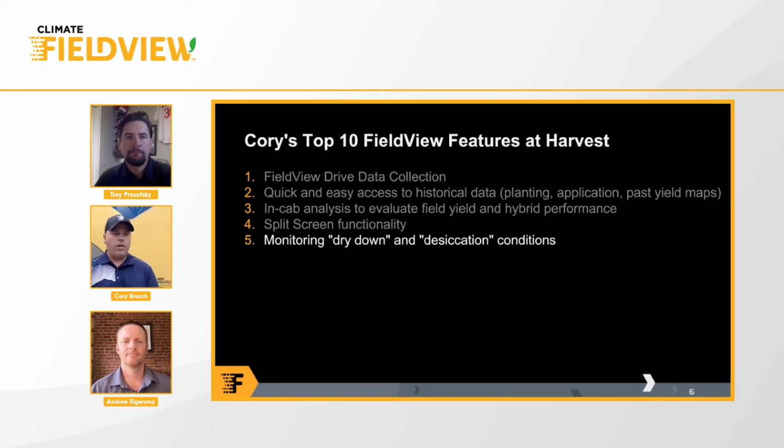Number 5 is monitoring dry down and desiccation conditions. The FieldView health imagery is very valuable for me during harvest because, let's face it, we all need boots on the ground to validate a lot of the stuff that we're looking at.